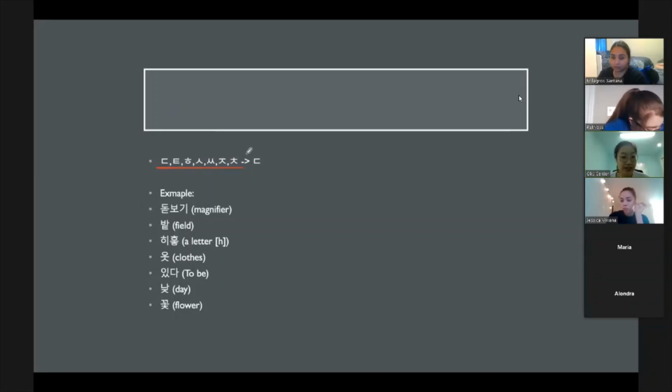지읒, 치읒, whenever you have them in a 받침 like this, it will change to the 디귿 sound. You see 디귿 in the final 받침, 히읗, 시옷 at the 받침, 쌍시옷 at the 받침, 지읒 at the 받침.